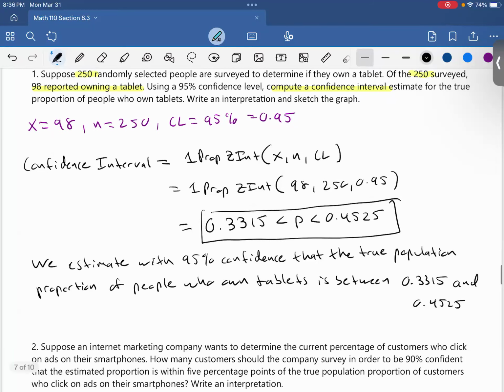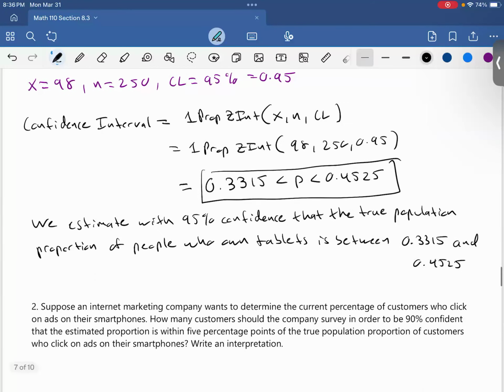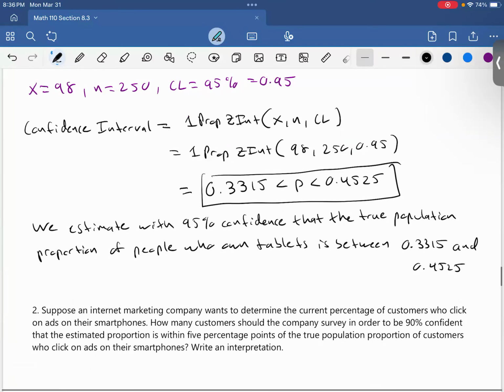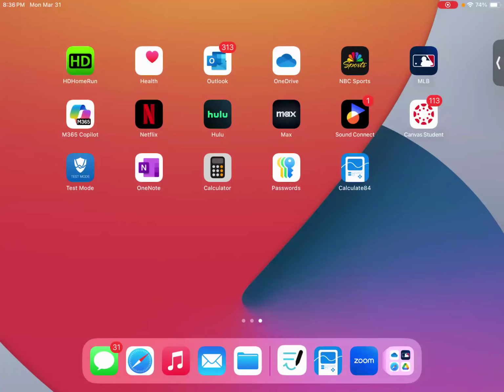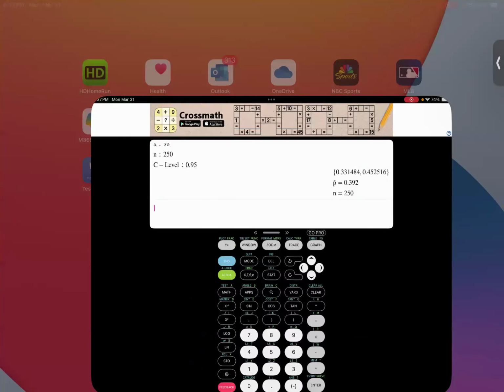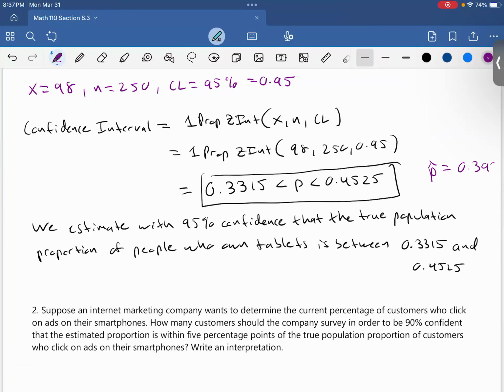And the last thing we have to do is sketch a graph. Running out of room a bit, but we're going to use that p hat that we found. So let me jump back to the calculator. P hat was 0.392. So when we sketch a graph, it would look something like this.